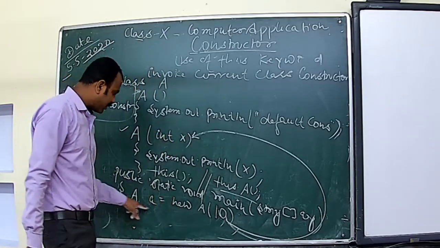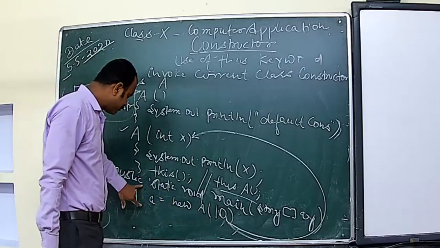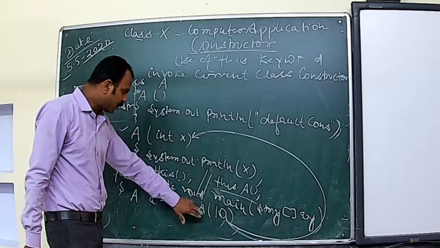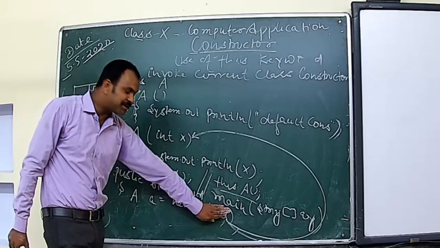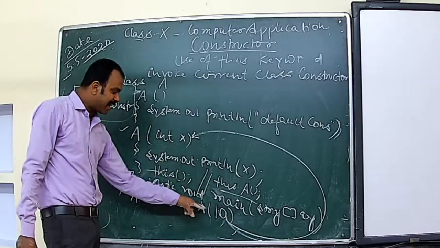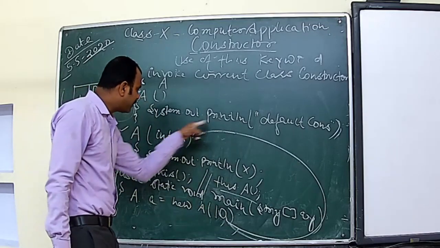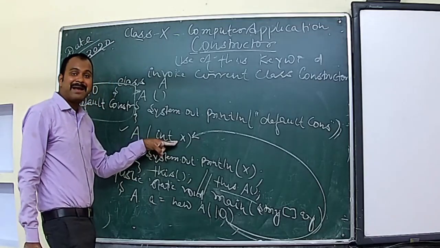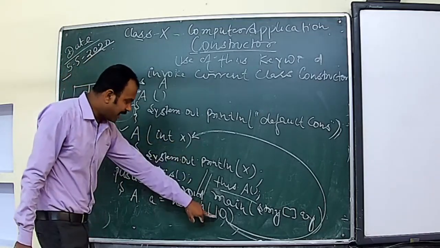Last time we discussed how to create objects and how to call constructors. If I don't pass any parameter here, it will call the default A. But as soon as I pass a parameter, it will connect with this one, because this constructor contains one parameter of integer type. So I have passed 10 here.